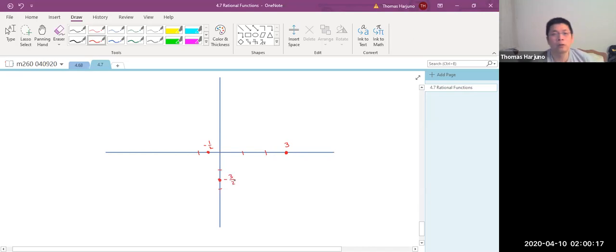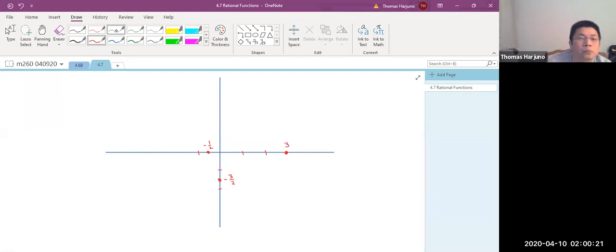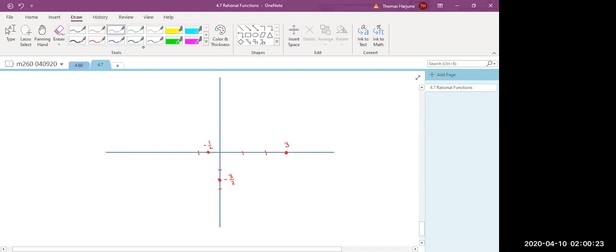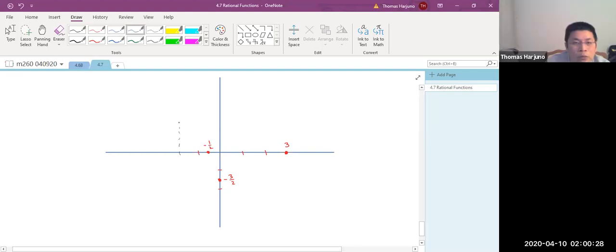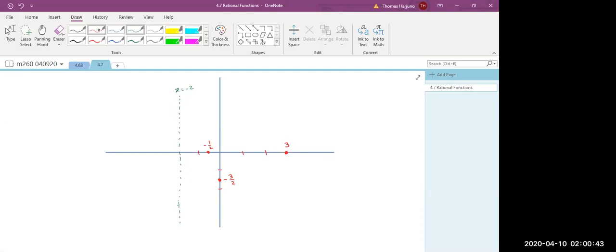Now, how about the vertical asymptote? x equals -2. That's the vertical asymptote. And the slant asymptote is y equals 2x plus 1.